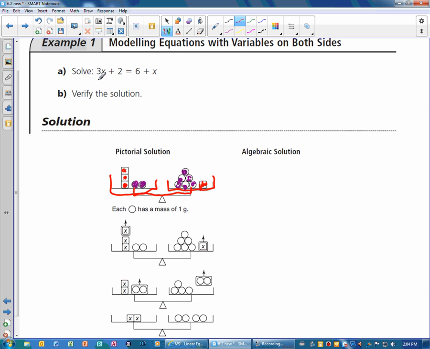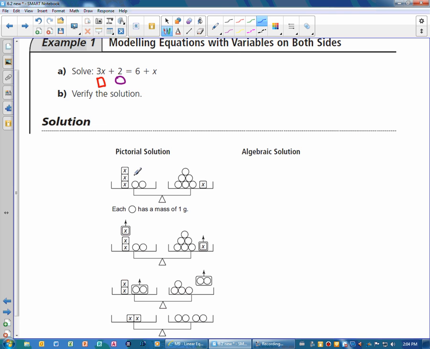And notice how they made these squares, and they made just the digits circles, so you can keep track of them. So we're starting with 3x plus 2 equals 6 plus x, and on the bottom here, it says that each round circle has a mass of 1 gram. I don't know that that's terribly important, other than they each represent a 1.